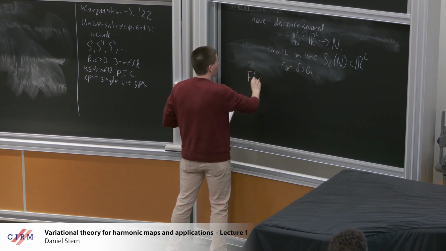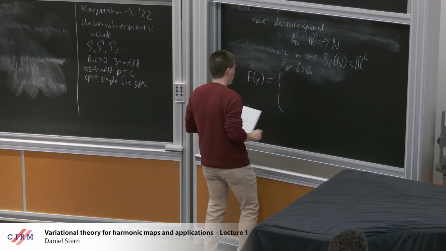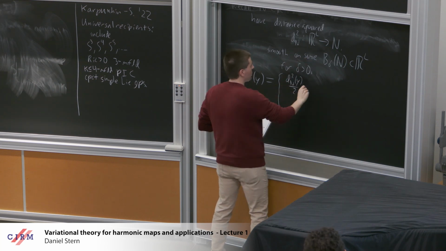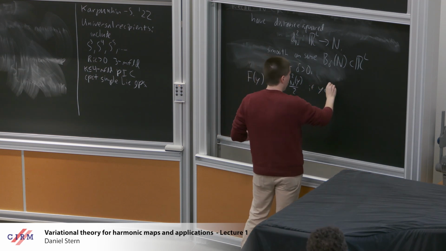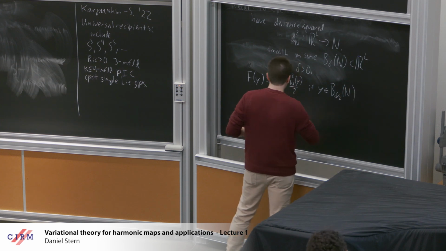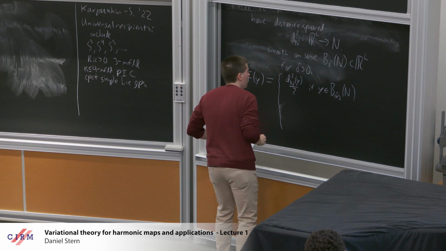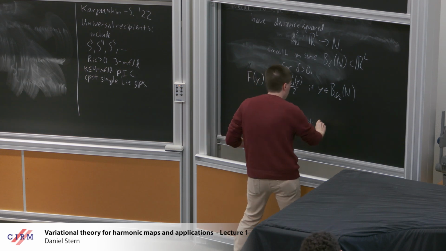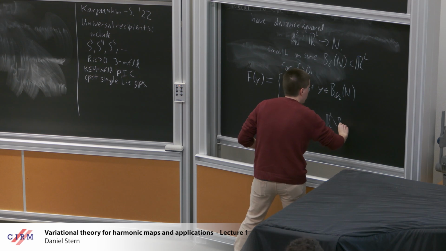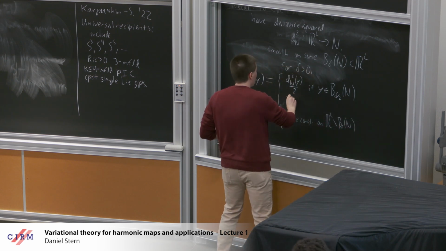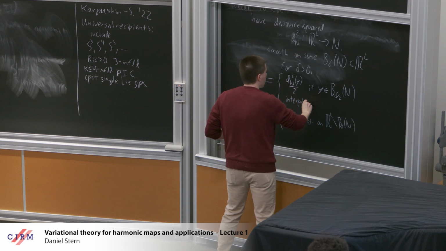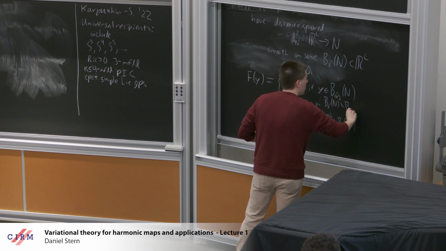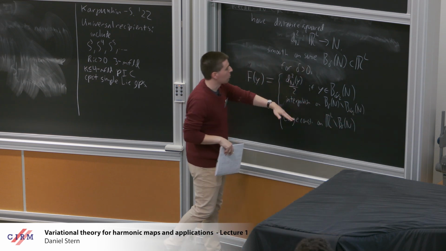So let's call it f of y, this function from R^L to R, which looks like d_N squared of y over 2 if you're inside this nice tubular neighborhood, let's go a little bit further inside and say B_{delta/2} of N. If you're very far away, this is going to be some large constant on, let's say, R^L minus the ball of radius delta, and then some reasonable interpolation in between, on this annular neighborhood B_delta of N minus B_{delta/2}, which is, let's just say, non-increasing in the distance.